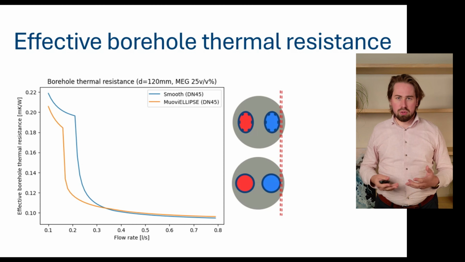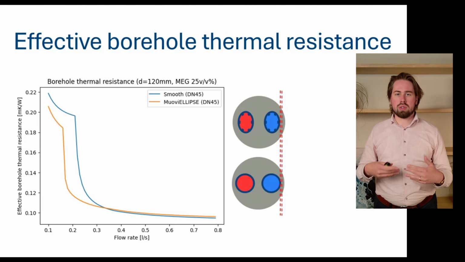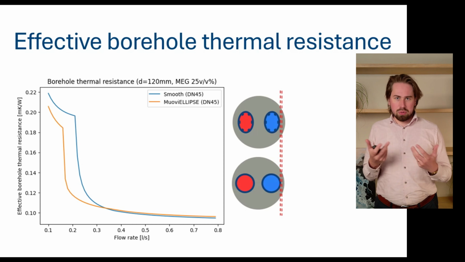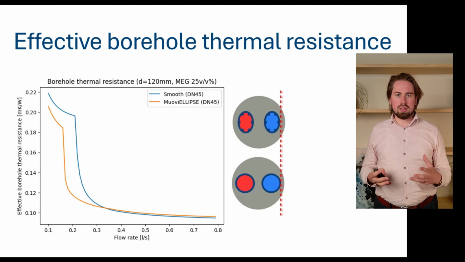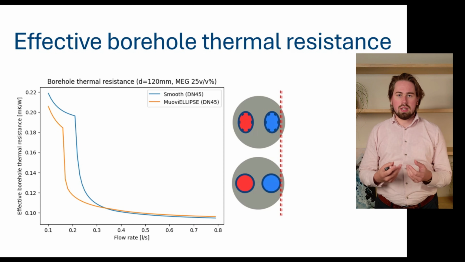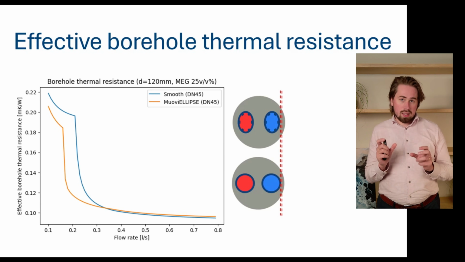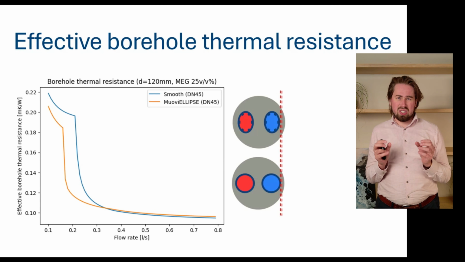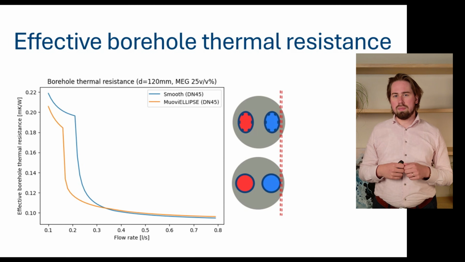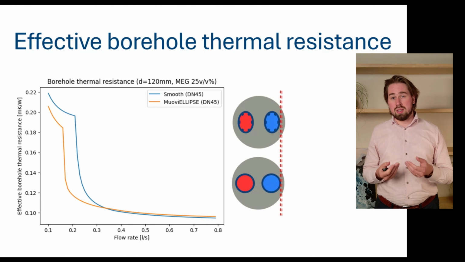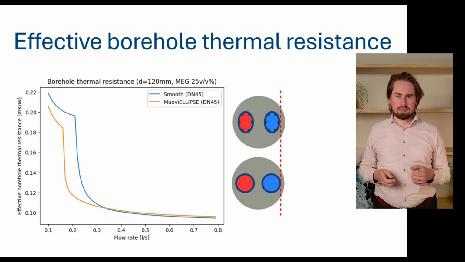And of course, if you're already turbulent and your heat transfer is really good, this contribution of the grout resistance, the heat transfer to the grout, becomes more and more dominant for the calculation of your borehole resistance. And since our circular geometry is just closer to the wall, also the borehole resistance is just slightly better.